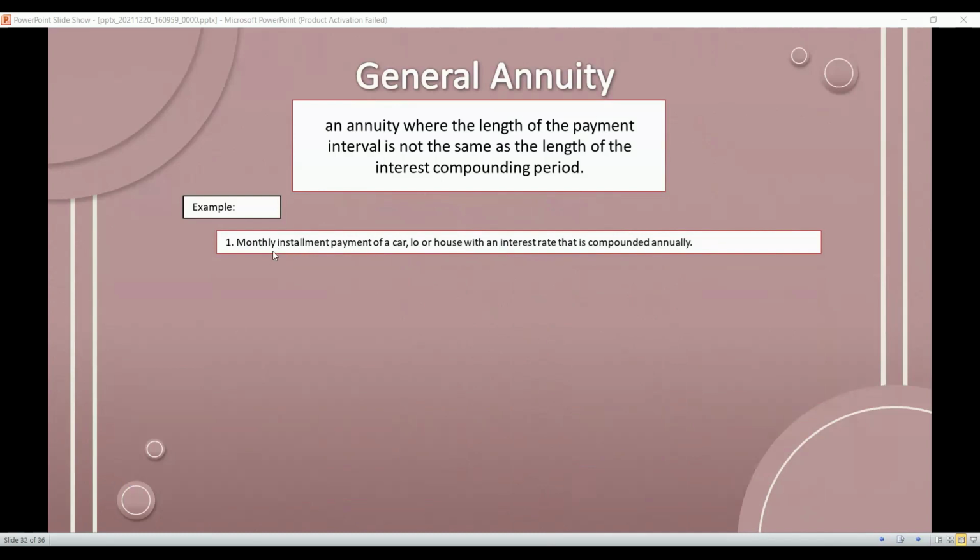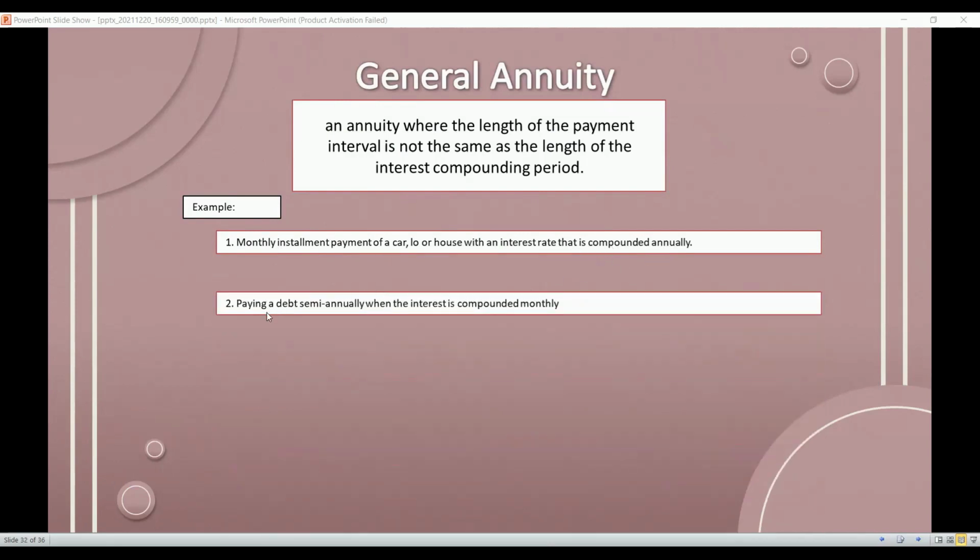So the installment payment interval is monthly, but the interest is compounded annually. Second, paying a debt semi-annually when the interest is compounded monthly. So the payment interval of the debt is semi-annual, but the interest is compounded monthly. So, that is a general annuity.